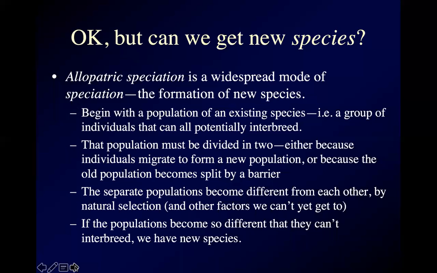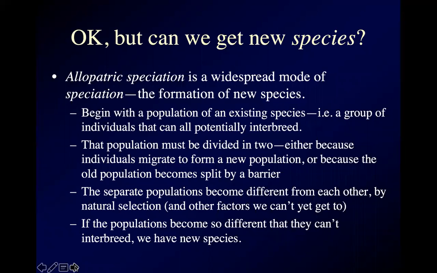Maybe some seeds got washed out to sea and carried by the currents. Maybe some birds got blown to the Galapagos by a storm and were able to settle there and have babies there. Whatever it might have been. Whatever happens, whether individuals migrate or a barrier appears, the starting population gets divided in two.